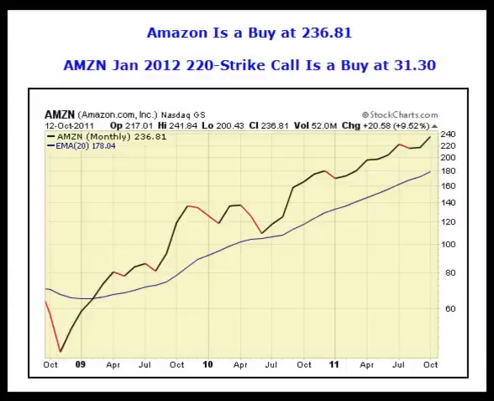Now, in addition to the fundamental indicator of stockholders' equity growth, I also like to look at the technicals for a stock, and I use my trend following indicators to check the price trend. And I'm displaying the major price trend for Amazon right now, and we can see that it's in a strong price uptrend.